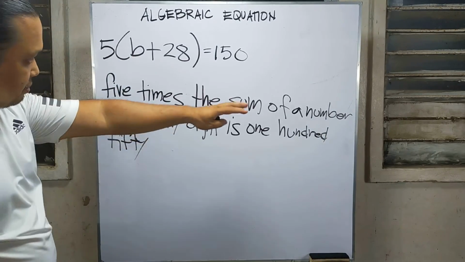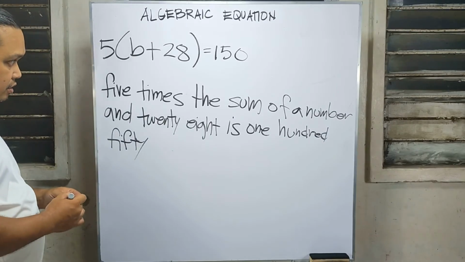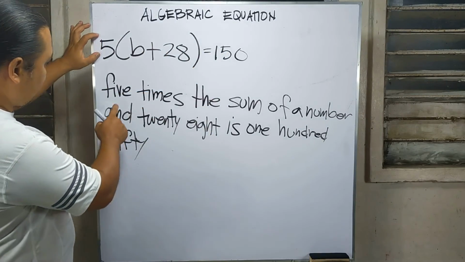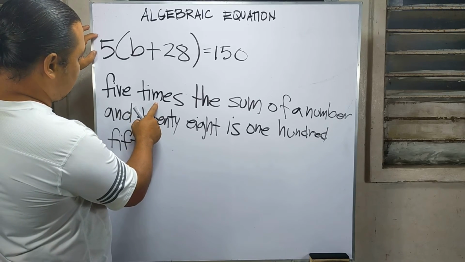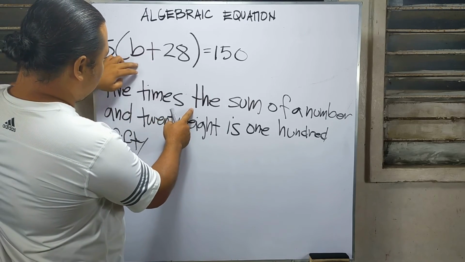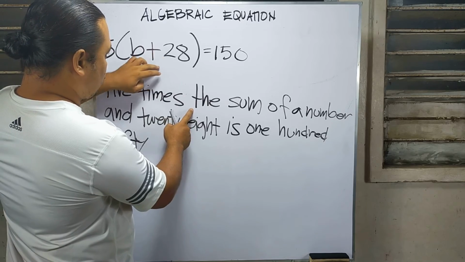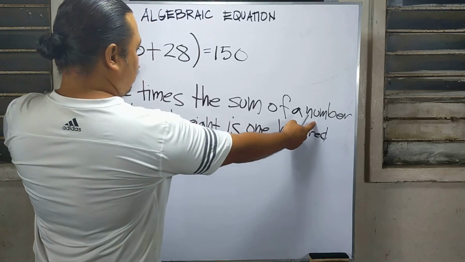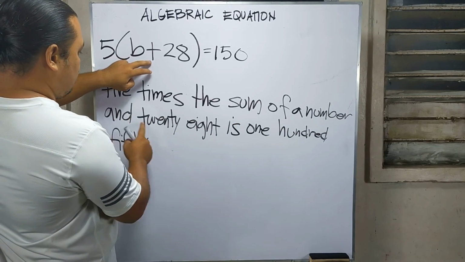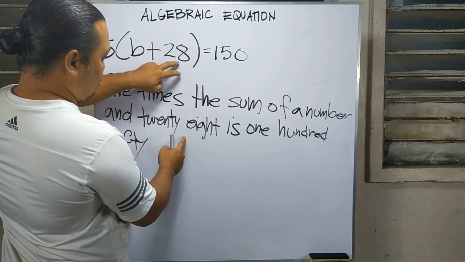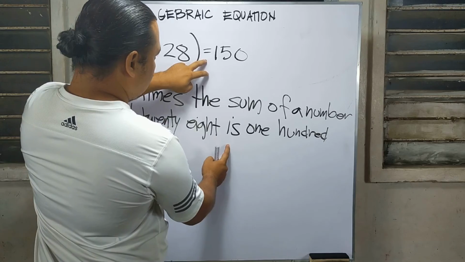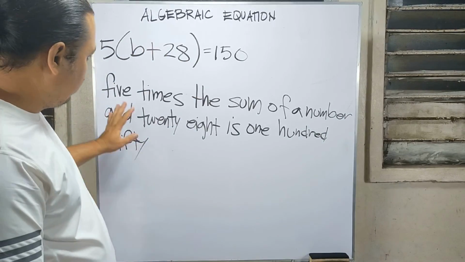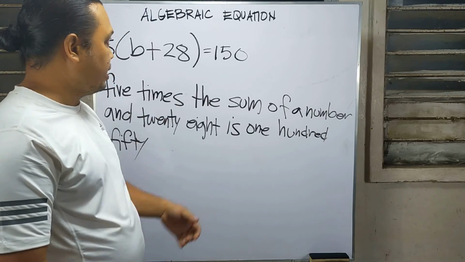And this will be our word phrase for this algebraic equation. So 5 times the sum of these two numbers. We're going to add these two numbers, the sum of a number, which is b for our variable, and 28, our constant, is equal to 150. This will be our word phrase for this algebraic equation.